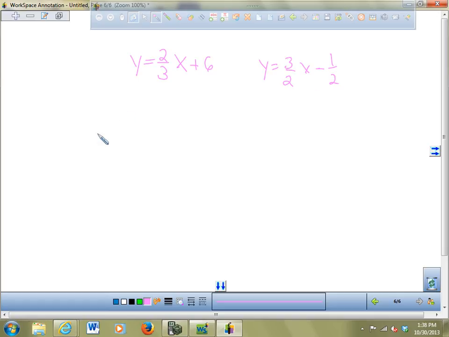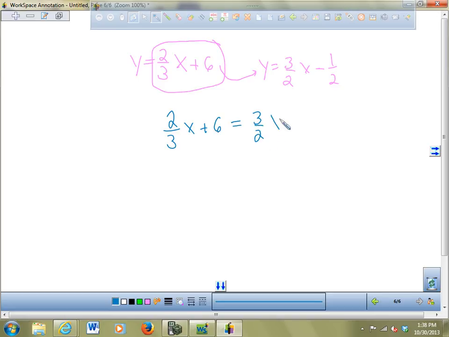So I take this and put it in here for y, and I get this equation: 2/3x plus 6 equals 3/2x minus 1/2. Now, how do I get rid of all those fractions?